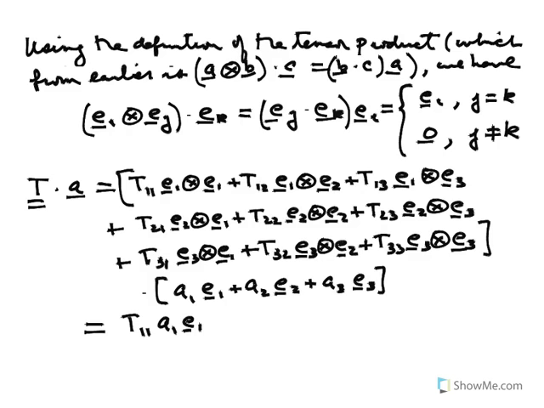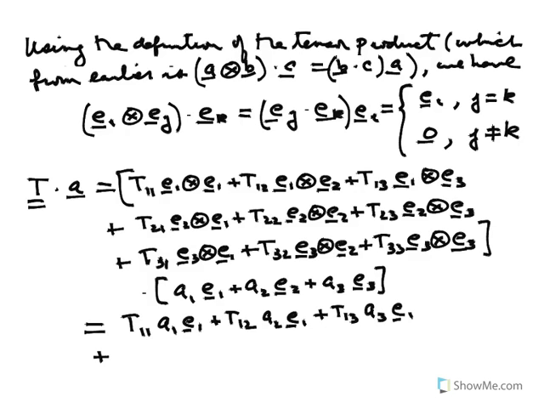Now I go to the next term. I've got T12 E1 circle cross E2. If I operate on A1 E1, I get 0 because E2 dotted with E1 is 0. And again, I'm just following the rule up at the top. And then if I take E1 circle cross E2 and I operate on E2, I get E2 dotted with E2 is equal to 1, and then that's multiplied by E1. So I get plus T12 A2 times E1. And then if I go through the same result on T13 E1 circle cross E3, I get plus T13 A3 multiplied by E1.